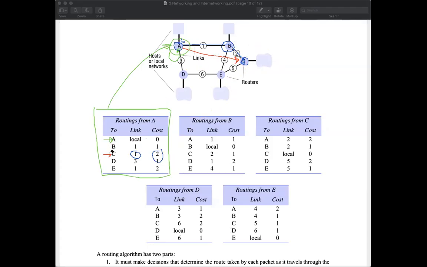Even for the D and E as well, right? If you look at the routing from A to E, again there can be multiple possible paths, like this path, this way, or this way.